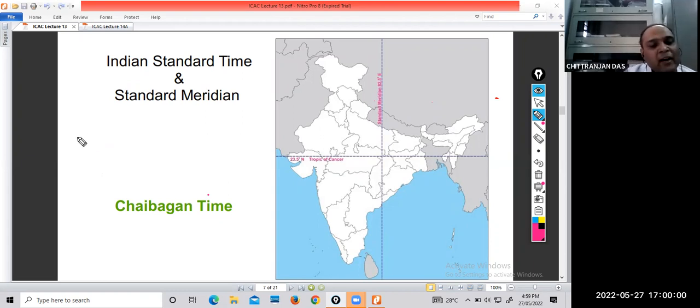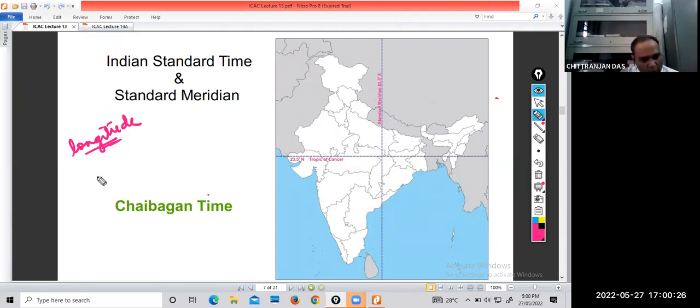Always remember that the longitudinal extent, the meridian, is related to longitude, because 82.5 is also a longitude. Now tell me, as I have already told you earlier, what is the total longitudinal extent of India?